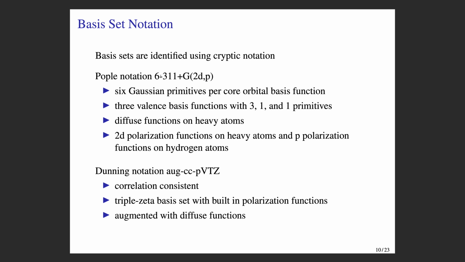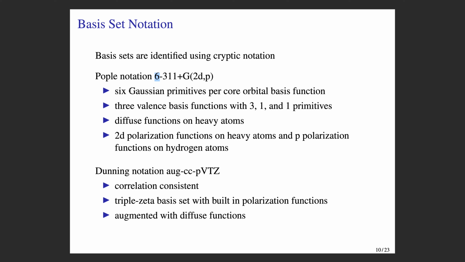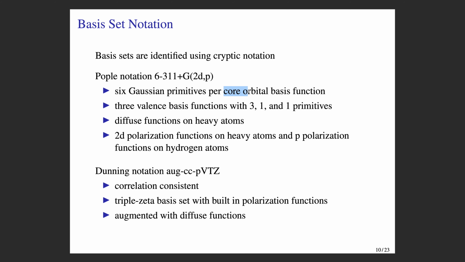Okay, and so before the dash, this number represents how many Gaussian basis functions are used for representing the core orbitals of the molecule. So for example, if you've got a carbon, the 1s atomic orbitals are called the core orbitals. And so you're representing those with 6 Gaussian functions to represent those 1s orbitals. Then the numbers that are here, sometimes there's 2, sometimes there's 3 digits that are represented.